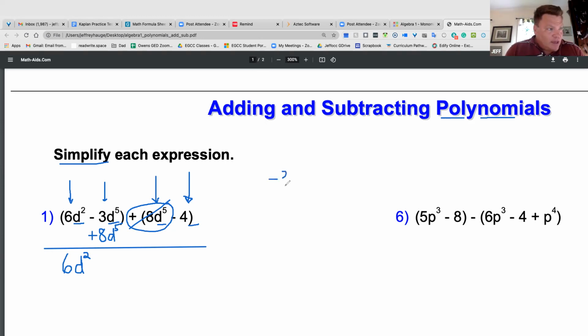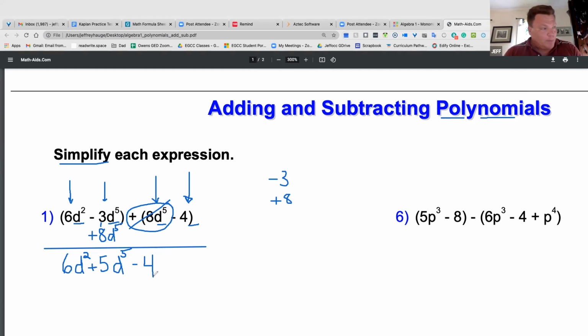So all we do is the math. -3 plus 8. That's these two numbers right here. We'd want to use our calculator. We work that out to 5. So 5 members of the d to the 5th power family, and then the -4 comes in. We're done. That's all we have to do.